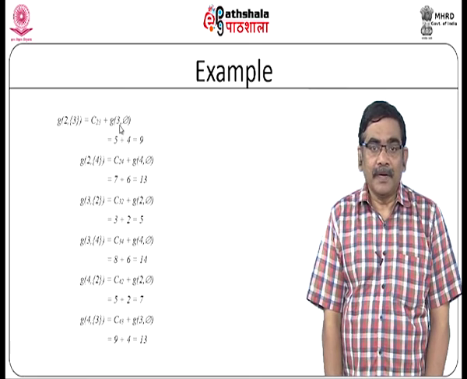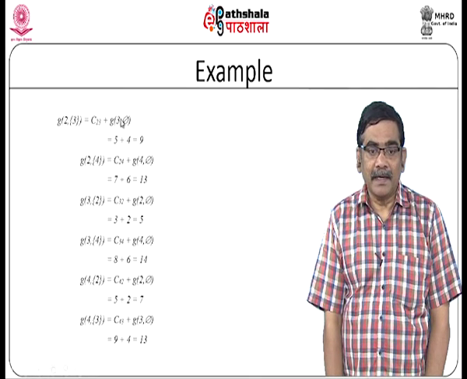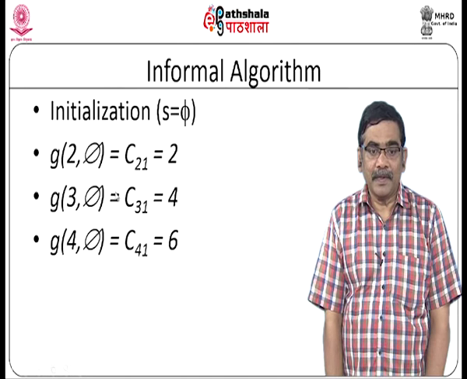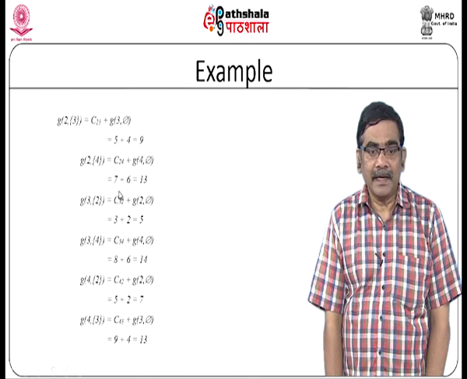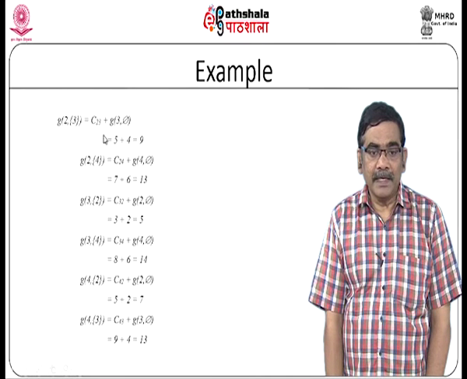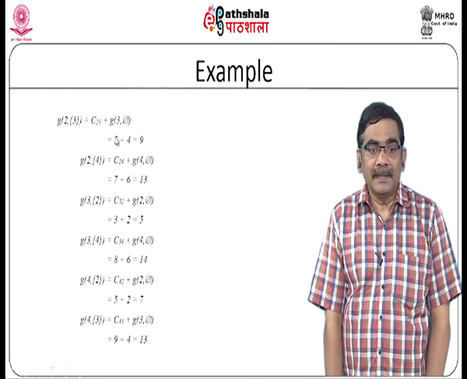Recollect the beauty of dynamic programming. g of 3 comma null we have already computed. So, all we have to do is plug this value in here. The cost of 2 to 3 is going to be 5, then g of 3 comma null is 4, therefore, it is going to be 9.